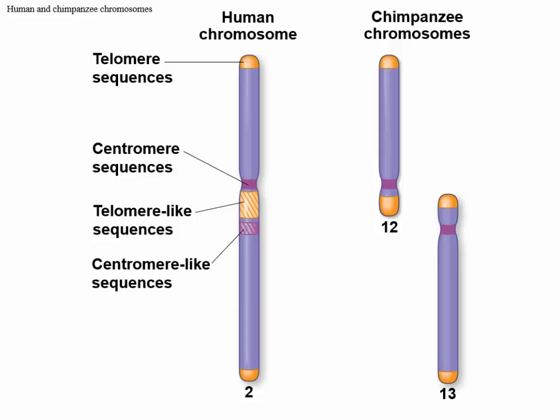But when you look at the chimpanzee chromosomes, number 12 and 13, what you see is the centromere sequence is at the bottom, and in 13, it's at the top. So it seems like the chimpanzee chromosomes just sort of fused together.